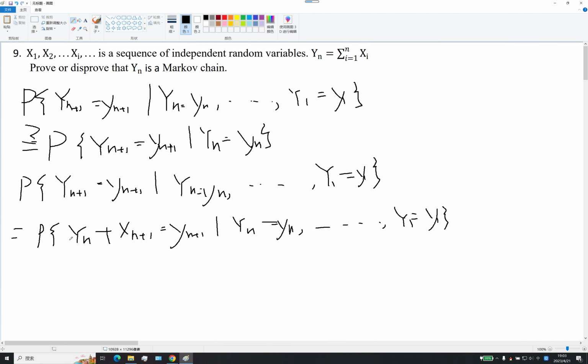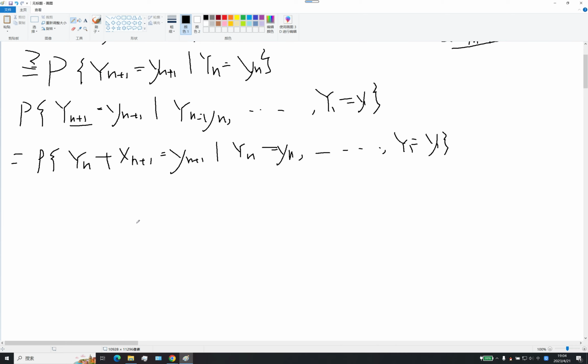We know that Y(n+1) equals the sum of Xi for i = 1 to n+1, which is Yn + X(n+1). So we can substitute this part, and Y(n+1) is equal to Yn + X(n+1).